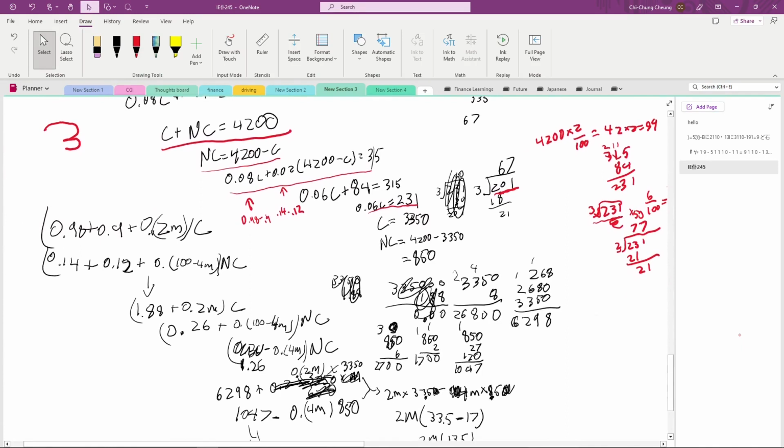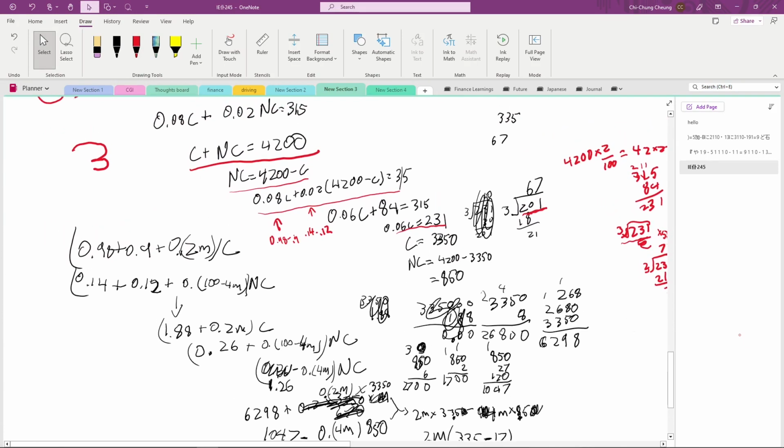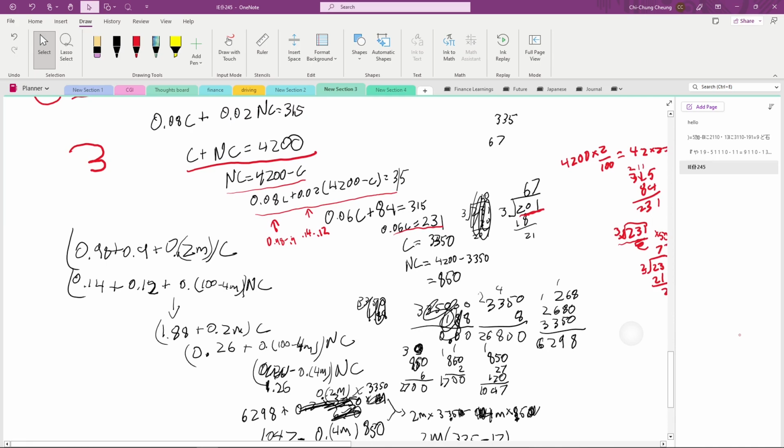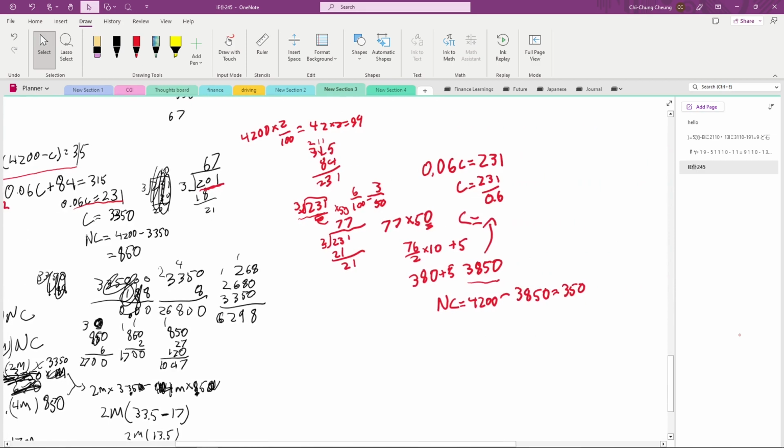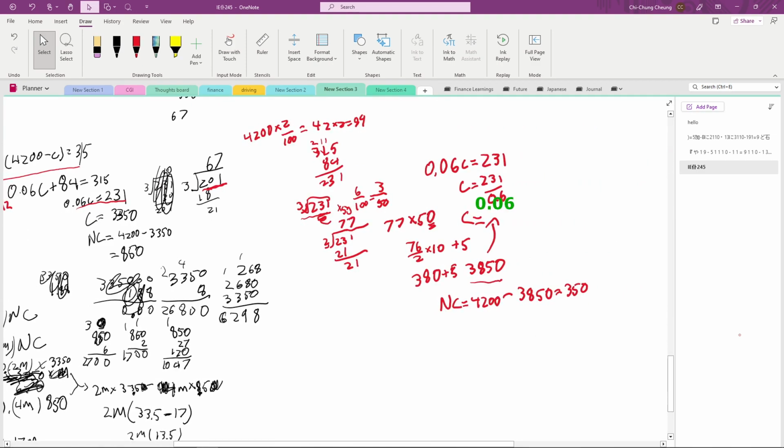So I'll just rewrite over here as big things. C equals 3850 and NC equals 350.